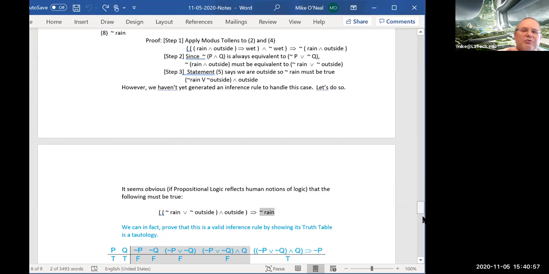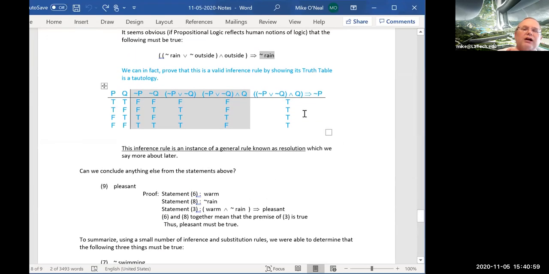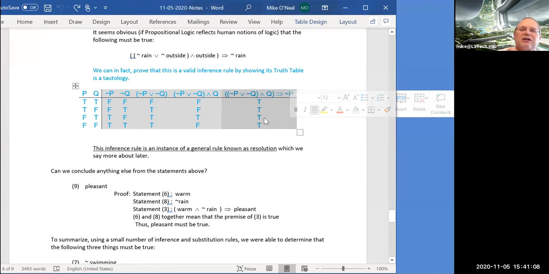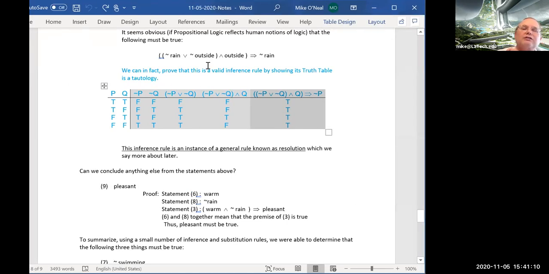We can prove that. I can take this thing and I can say, well, build me the truth table for this, buddy. And if you build yourself the truth table for it, you see it's a tautology. And when something is a tautology, it is an inference rule, because it's true in all worlds.